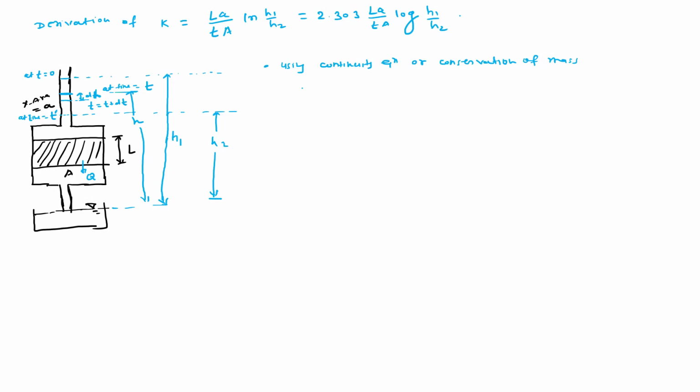Water which falls in time dt will pass through the soil, and if discharge is q, so q into area is the volume passed through this soil sample in time dt.